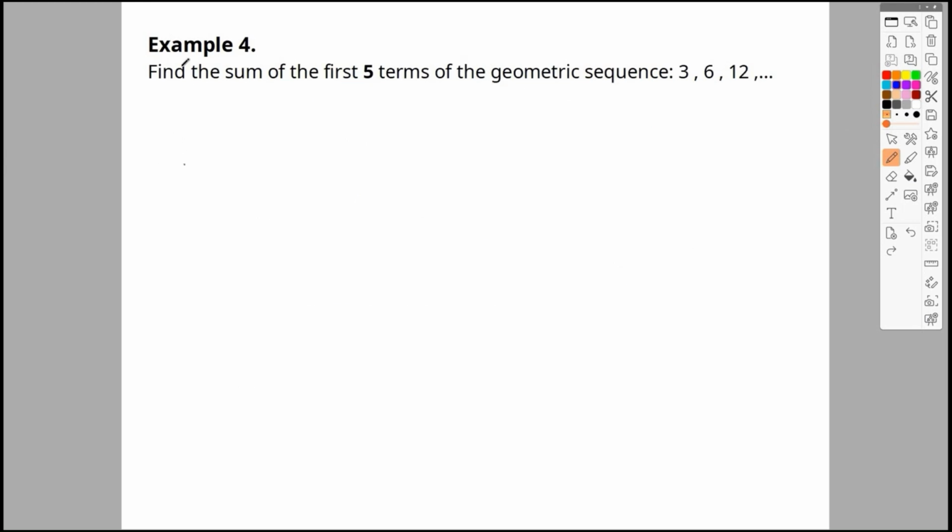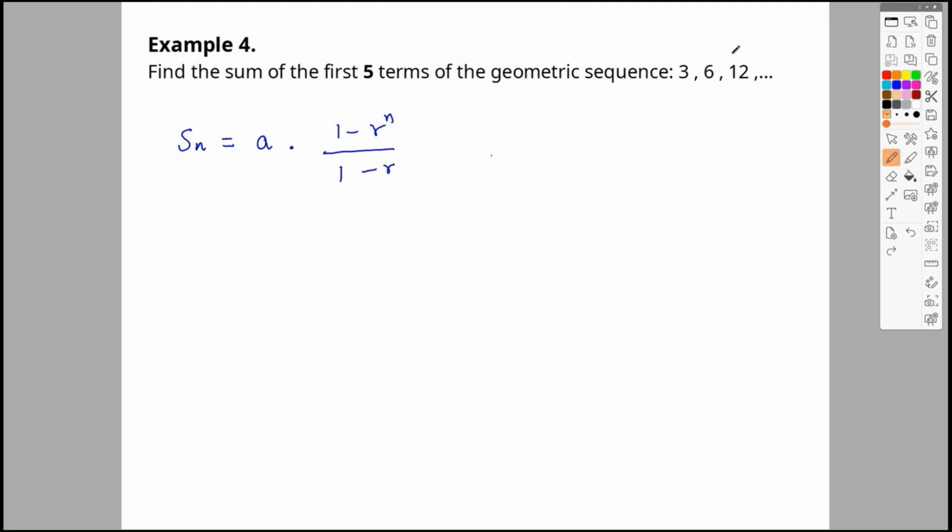Example number 4: find the sum of the first 5 terms of the geometric sequence 3, 6, 12. S_n equals a times 1 minus r to the power n over 1 minus r.